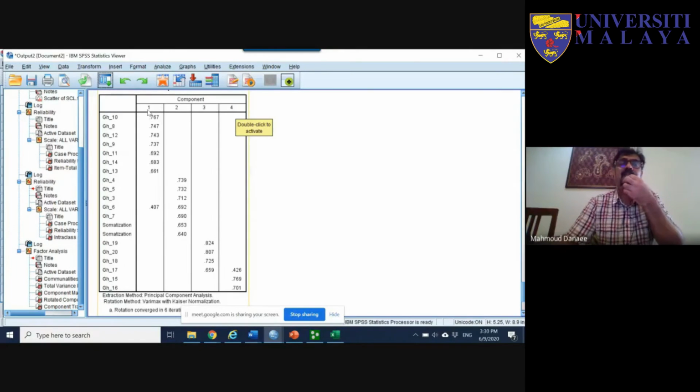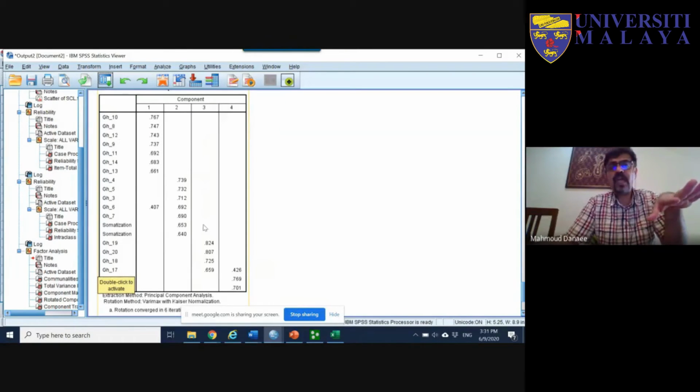And each component, according to the context and the nature of its items, can later be given a name. For example, maybe physical quality of life, mental quality of life, according to the items. I don't have access to the items to show you. And then the third is environmental, and the last one maybe is social quality of life. So it depends on the nature of the items.